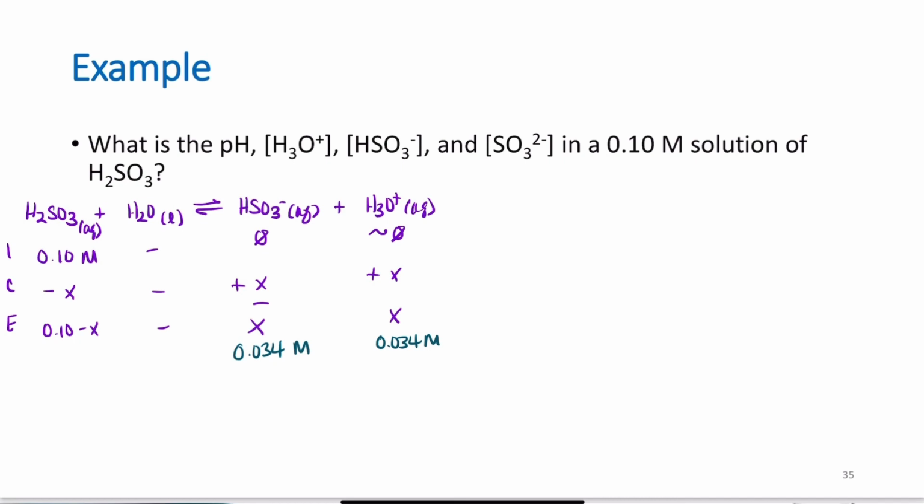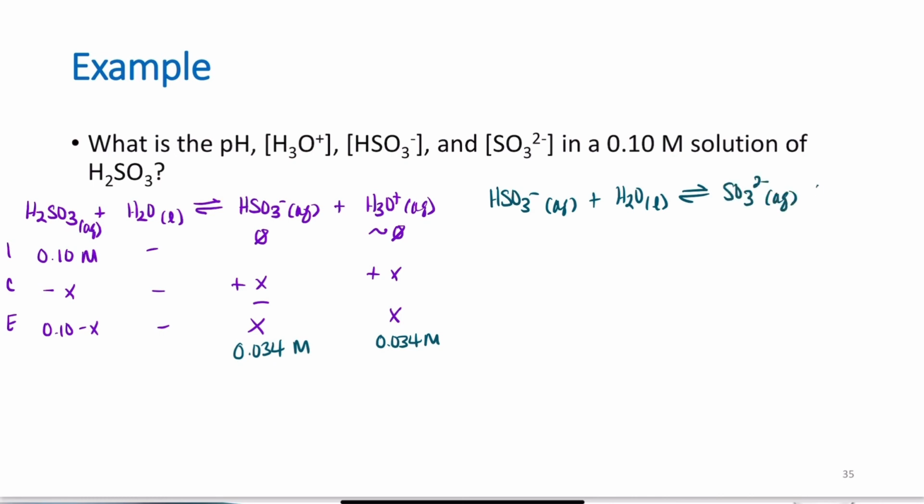Now I'm going to go through my second dissociation where HSO3 minus reacts with water to form SO3 2 minus plus H3O plus. How much HSO3 minus do I have? 0.034 molar. How much SO3 2 minus do I have? None.